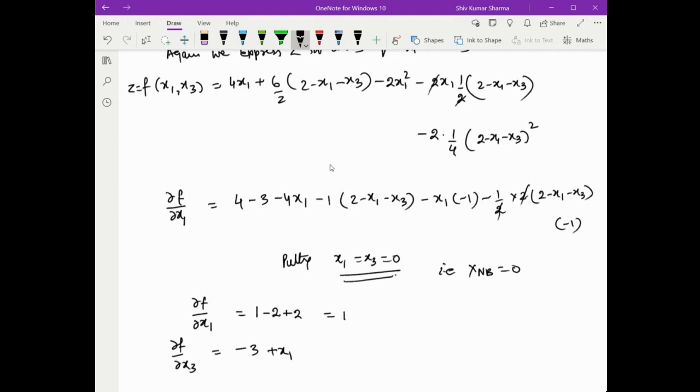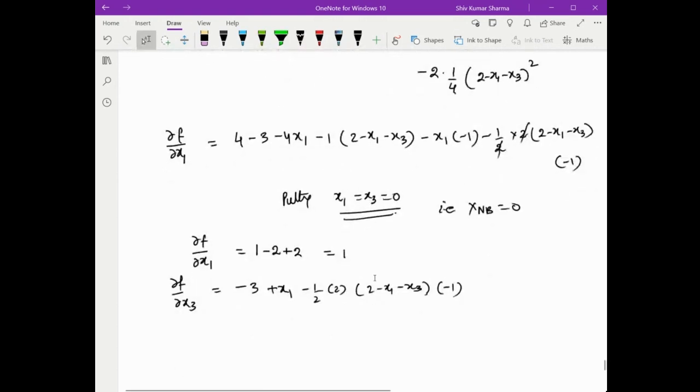And here with respect to x3 we differentiate. So 2 times 2 is 4, so 1 by 2 into 2, and the differentiation of 2 minus x1 minus x3, where the differentiation of x3 is minus 1. So this is the derivative of f with respect to x3. Again, take all non-basic variables equal to 0, that means x2 equal to x1 equal to x3 equal to 0.